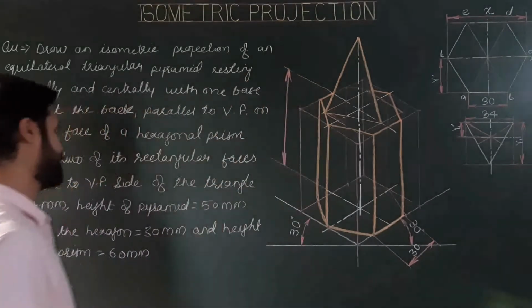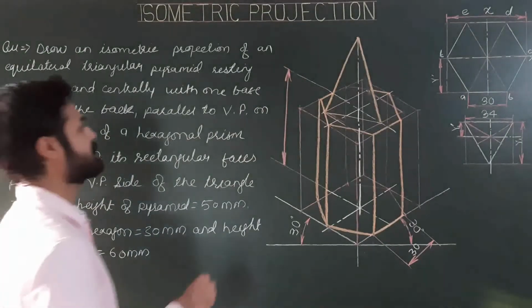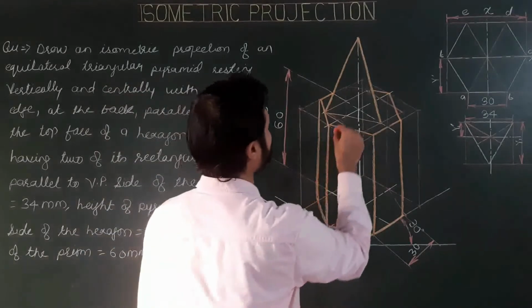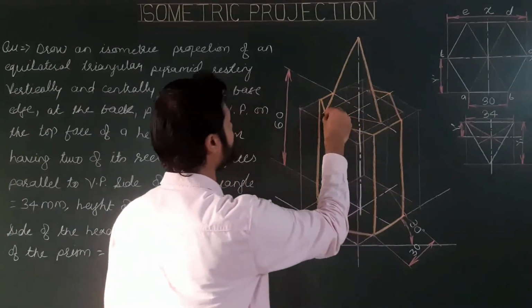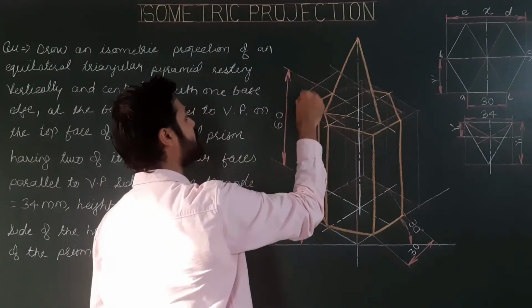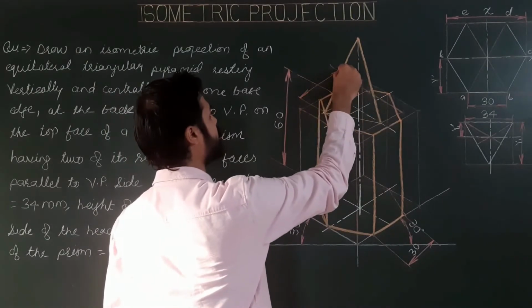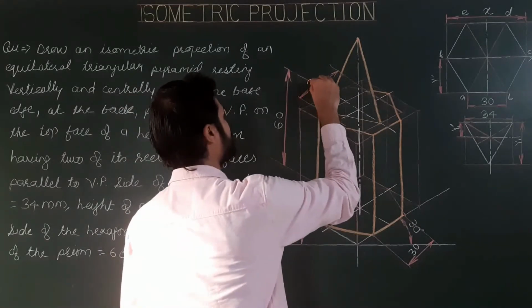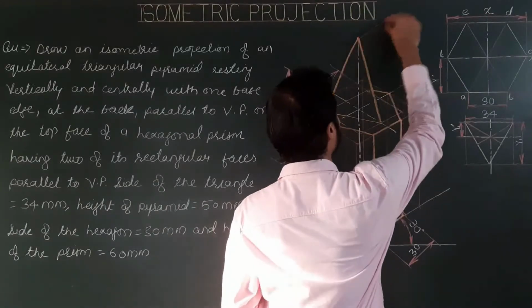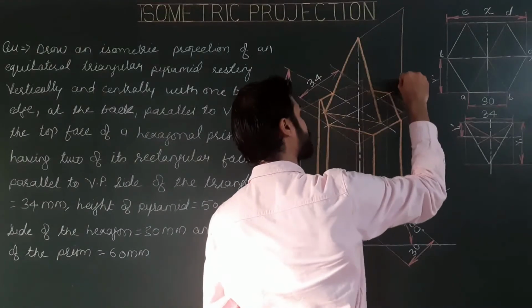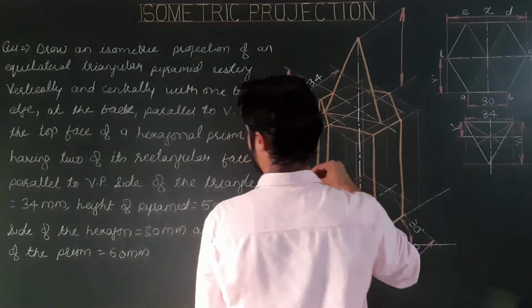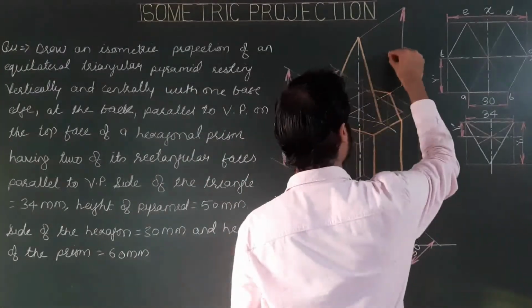This height is height of the prism 60, side of triangular base, again extending lines, side is 34, and height of pyramid. Here the height is 50 mm.